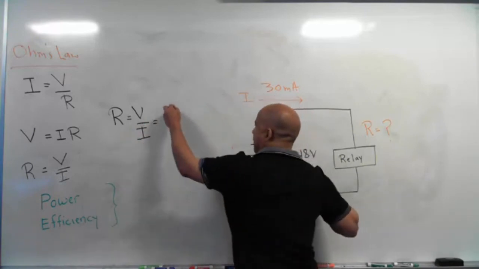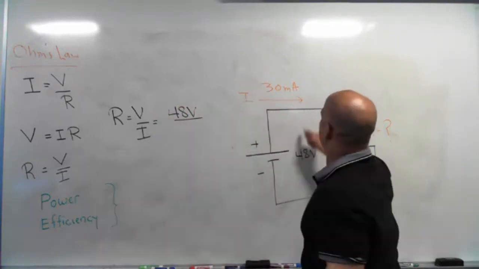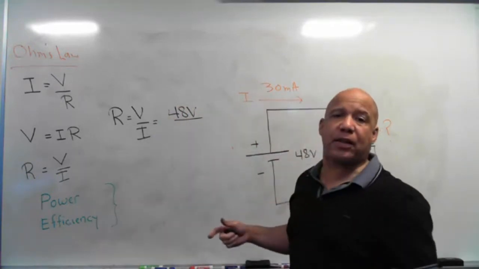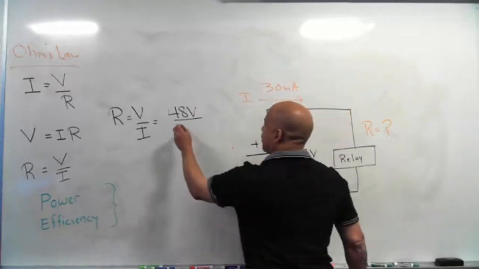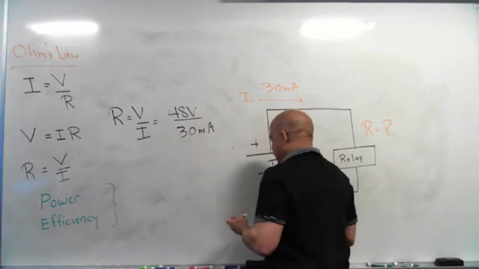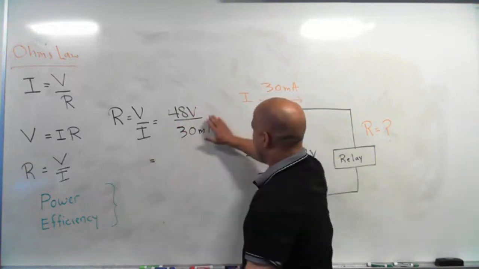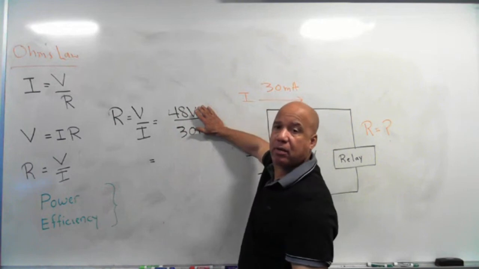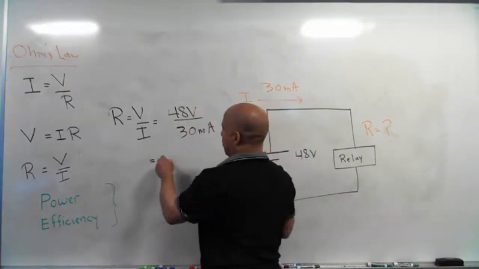V is 48. And I is 30 milliamps. Now I'm not going to write the 30 as 0.03. I'm going to write it as 30. I got 30 milliamps. And what I'm going to do to get the answer is divide 48 by 30. What's 48 divided by 30? How much is that? 1 point what?